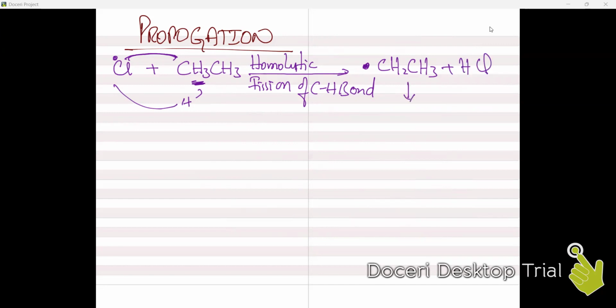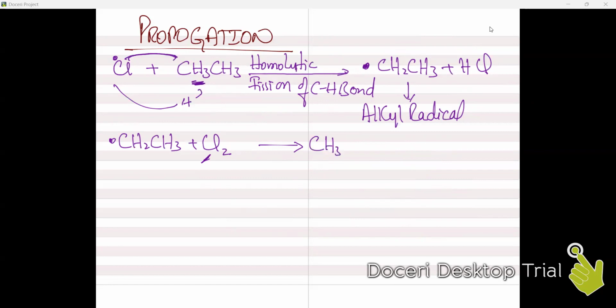Now this is again a radical. What kind of radical is it? It is an alkyl radical. This alkyl radical is going to attack another molecule, maybe this one. Now it will break the chlorine and take one chlorine.